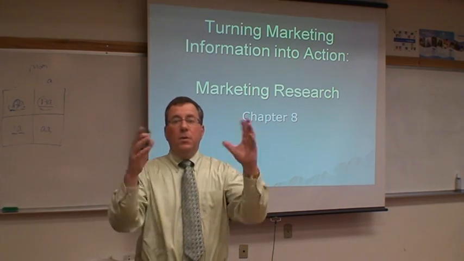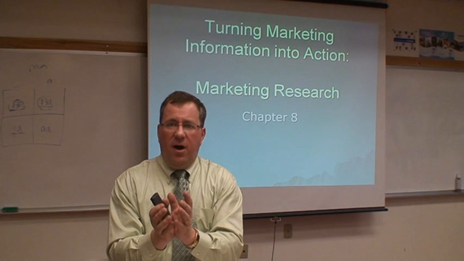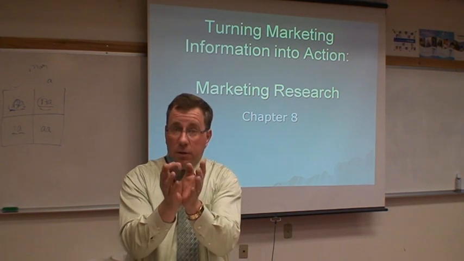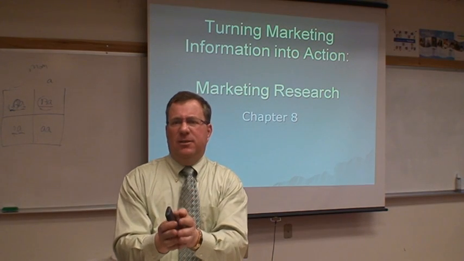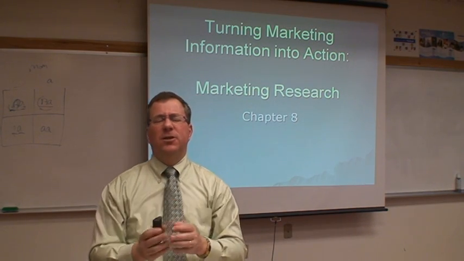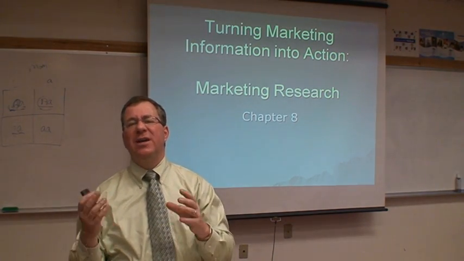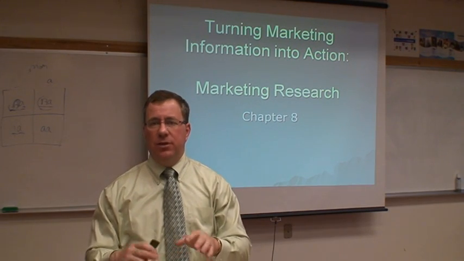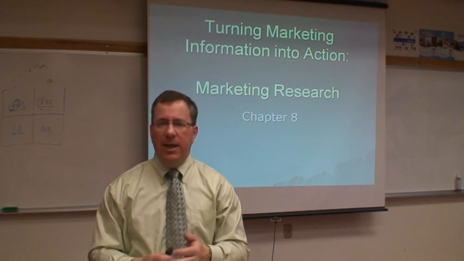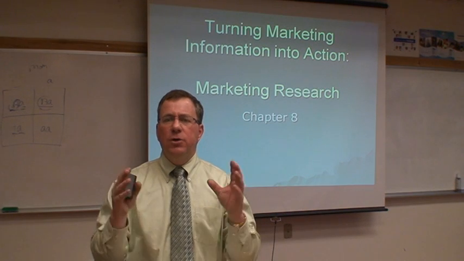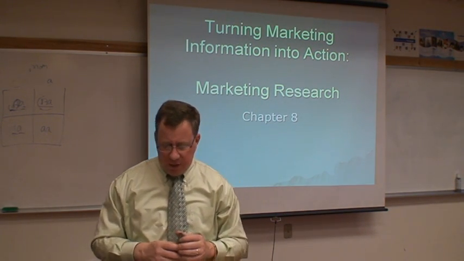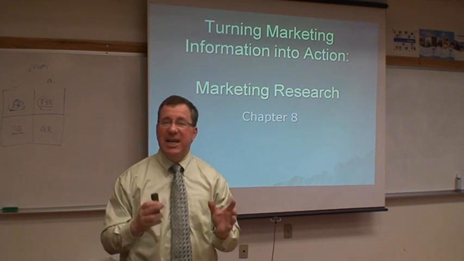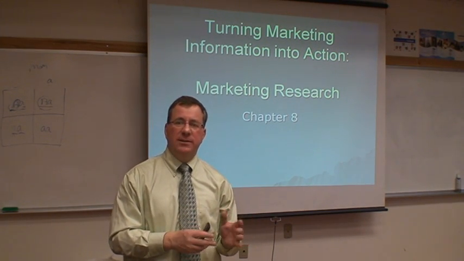Now, once we've got the problem defined, again, the critical part, then we need to say, how are we going to answer the problem? What are we going to put in place in order to be able to answer it in such a way that it will give us a good answer that is relevant and timely and that helps us reduce the risk of any decisions that we're about to make? This is where we get into the research design, which is the second major stage of the research process.